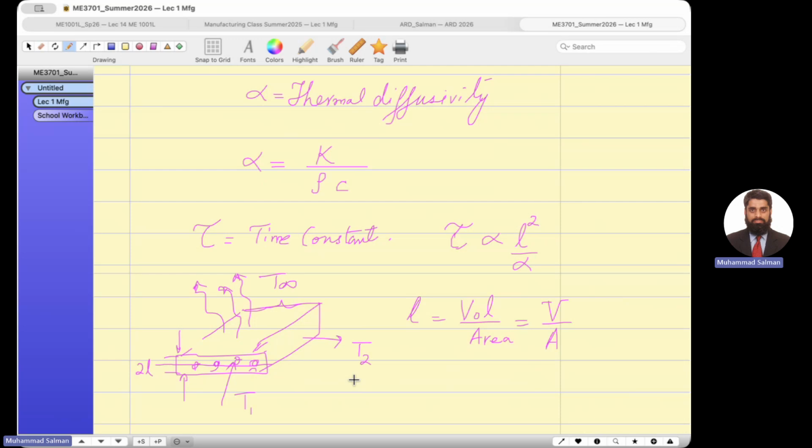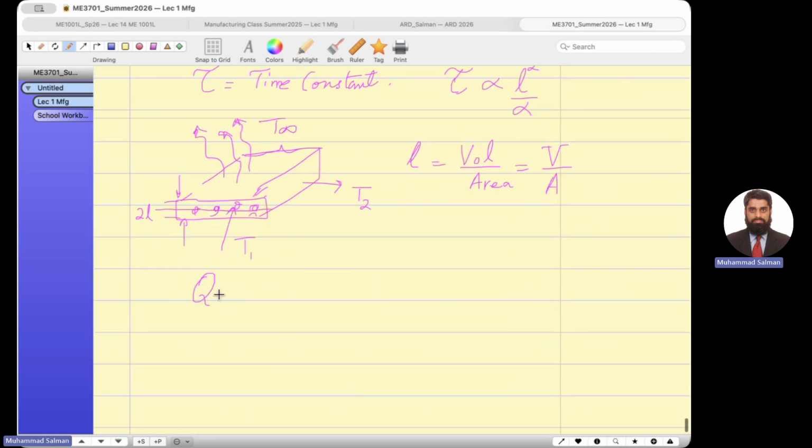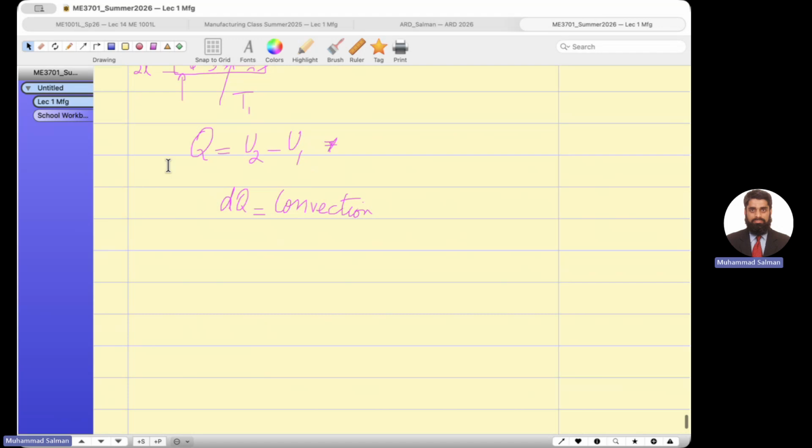So heat is released, final minus initial, and that can be written, if we take a small change in the heat, as convection, and then you can equate it through the surface to conduction.